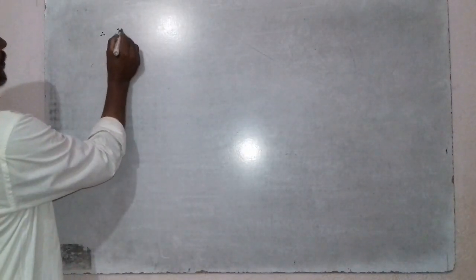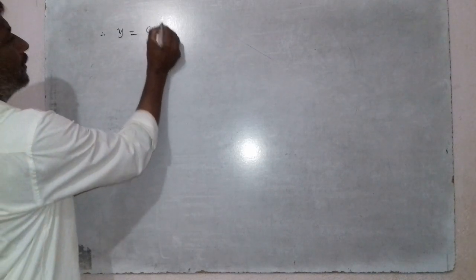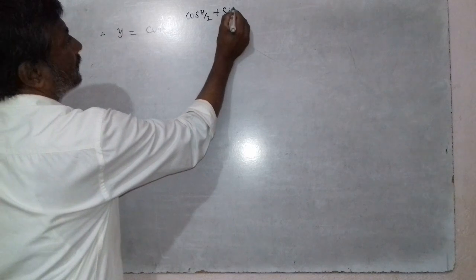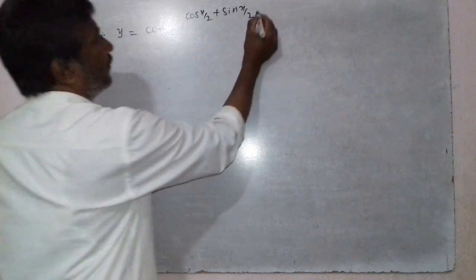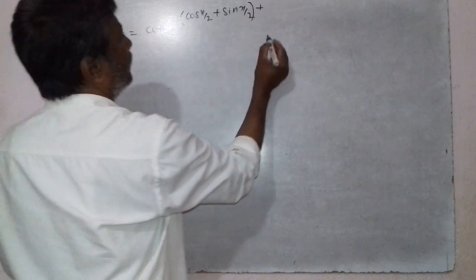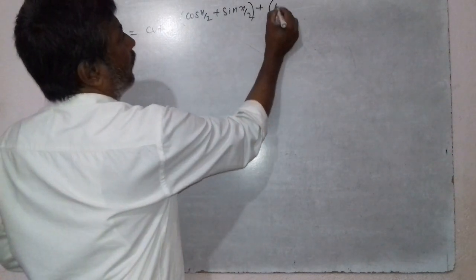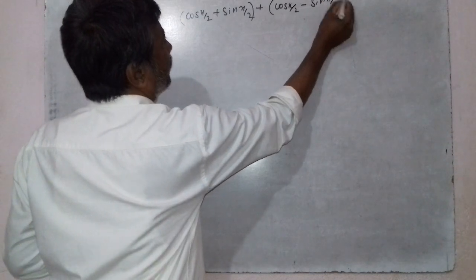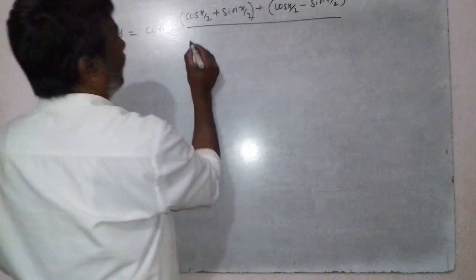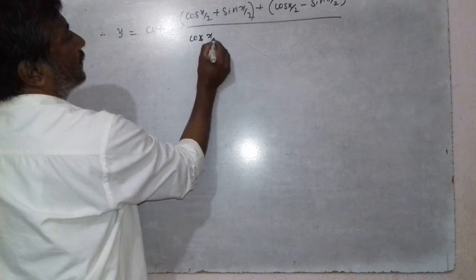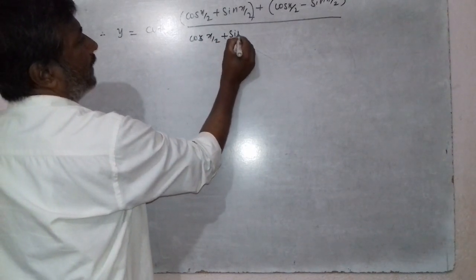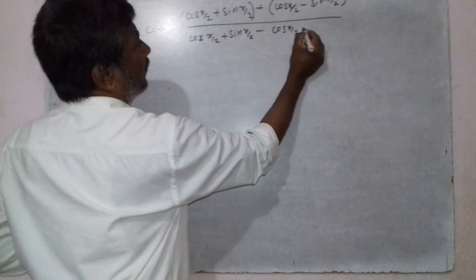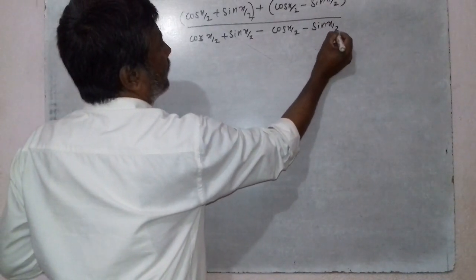Therefore y equals cot inverse of [cos(x/2) + sin(x/2) + cos(x/2) − sin(x/2)] divided by [cos(x/2) + sin(x/2) − (cos(x/2) − sin(x/2))].